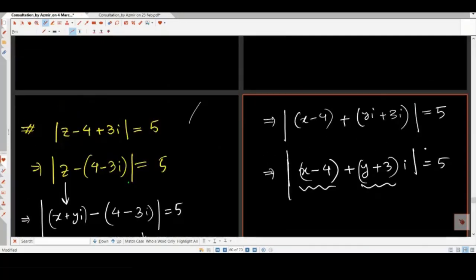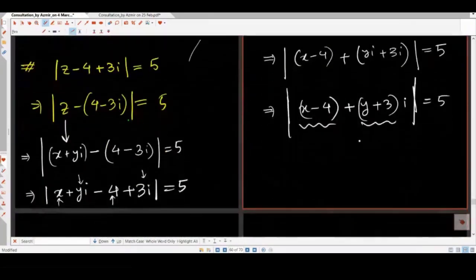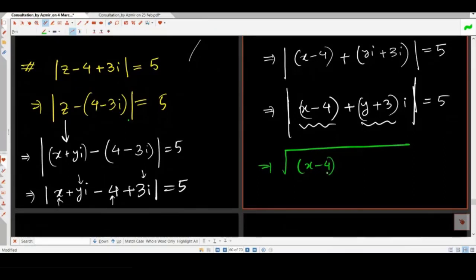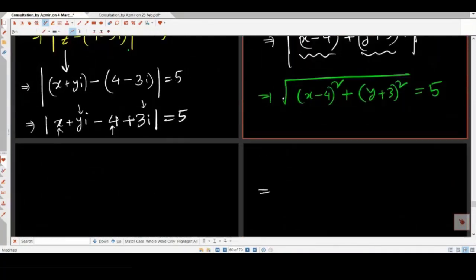We want to remove this modulus sign. Whenever we need to do that, we use this concept: square root of the real part squared plus the imaginary part squared equals 5. Finally, we can simplify by squaring both sides.